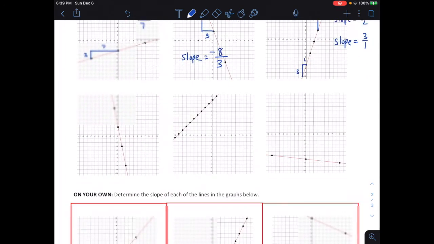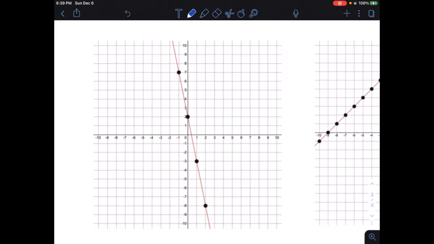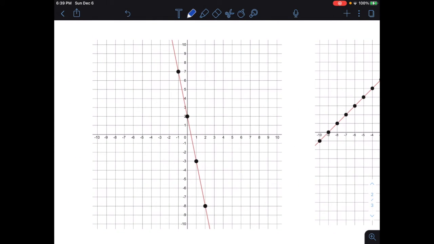Okay, we got 3 more here. All right, so this one has a super steep line, but it's negative, and I can draw my line here. I'm going down first, and then I'm going over. So I went down 1, 2, 3, 4, 5. So down 5, so it's negative 5 over 1. And so my slope is negative 5 over 1.